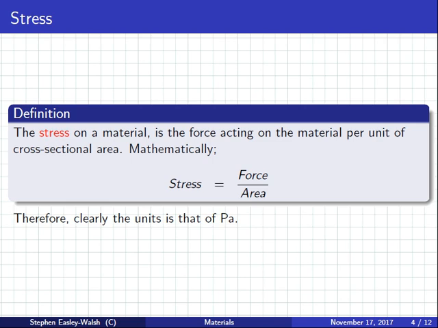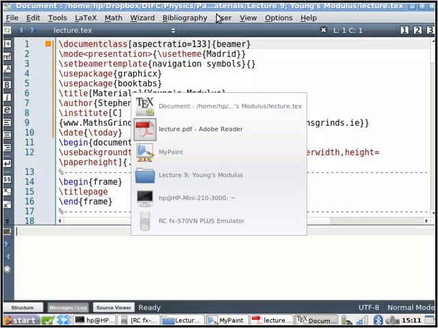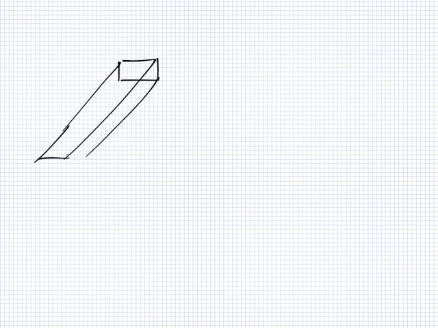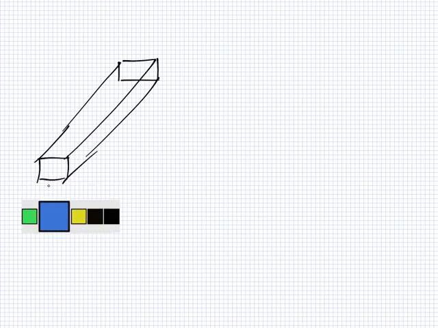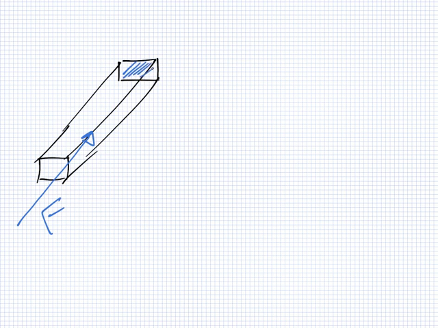But there is a small difference with pressure. So we talk about pressure like in a room, whereas for stress we talk about stress inside the material. I'll just draw you a quick picture to show what I mean. So if you have a material and you're applying some force to it, and this is called the cross-sectional area, then the stress is the force over the area.